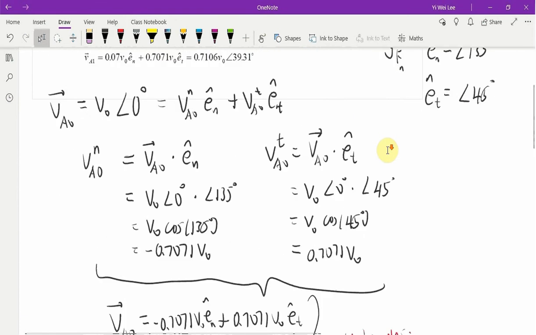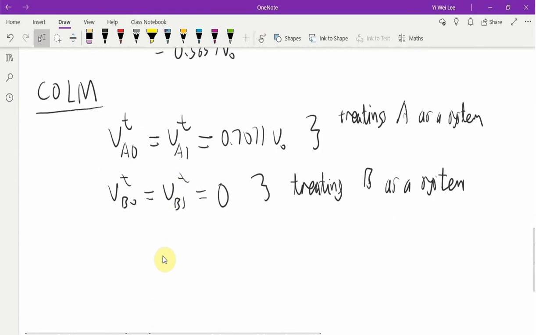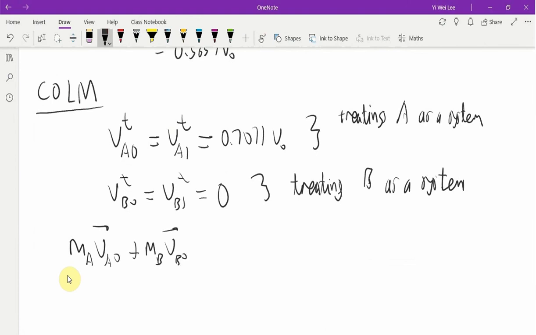When there is no longer any external force, we can say with utmost confidence that the mass of A times velocity of A plus mass of B times velocity of B before collision is equal to mass of A times velocity of A1 after collision plus mass of B times velocity of B1 after collision.